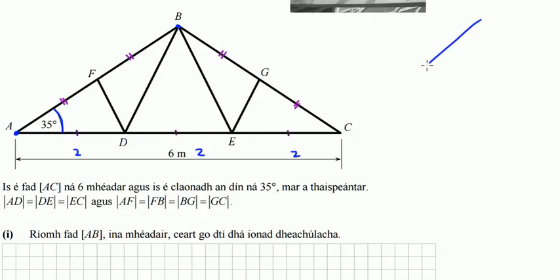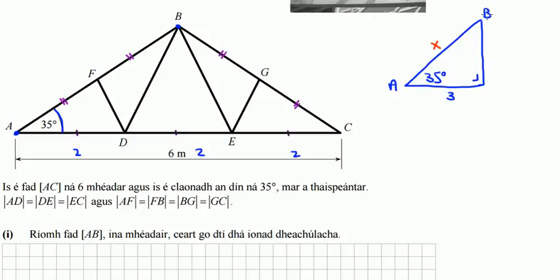So what I'm going to do is just draw a sketch of a right angle triangle, with AB being the hypotenuse. From A to the middle is midway between DE, so that gives me a measure of 3. And I have my angle of 35 degrees.